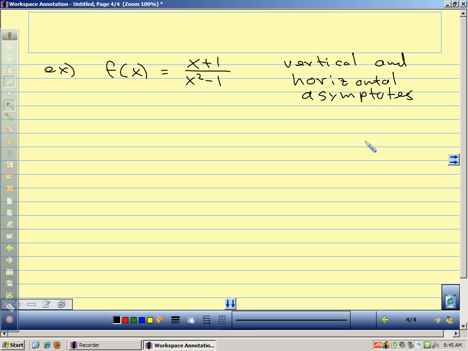All right, so let's look at our vertical asymptotes first. Where are we going to have a vertical asymptote?